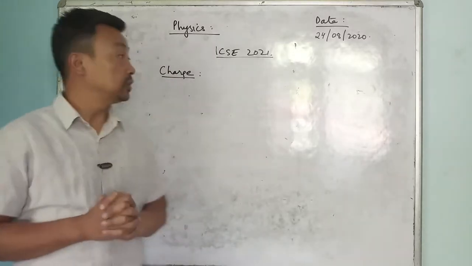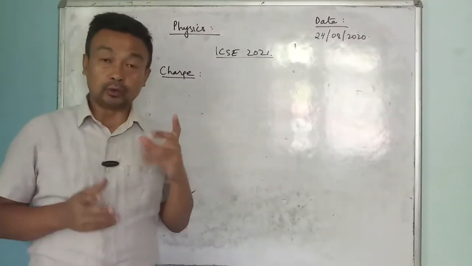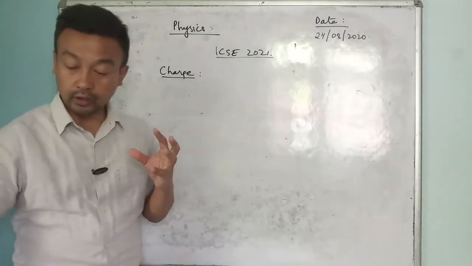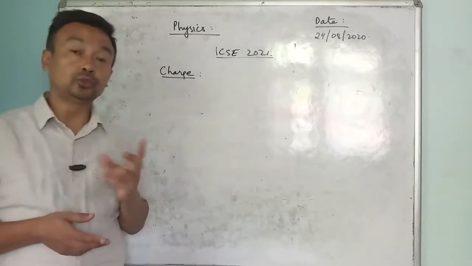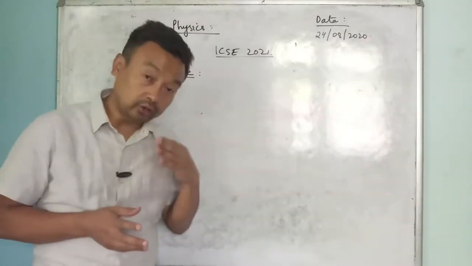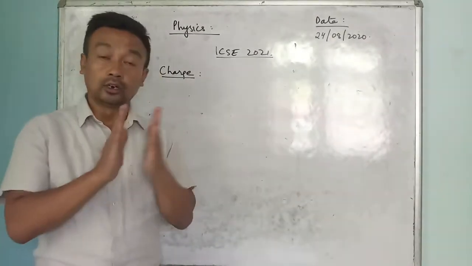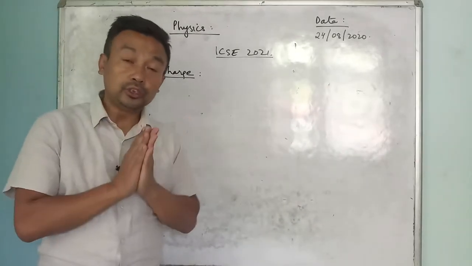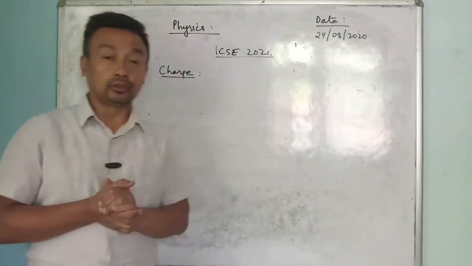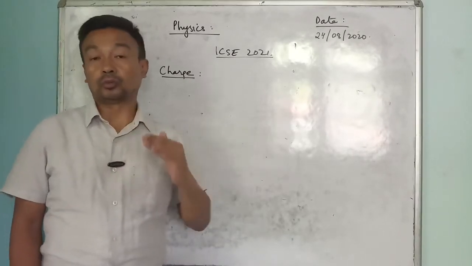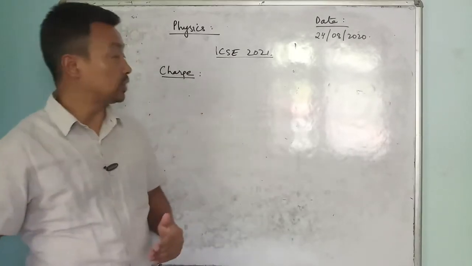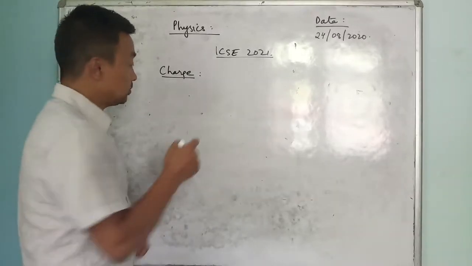You must have studied in previous classes that when two non-conducting bodies are rubbed against each other, there is a flow of electrons from one body to another. There is a transfer of electrons.